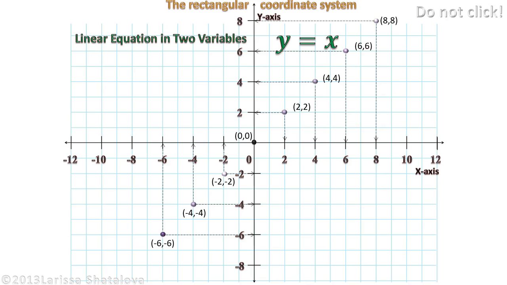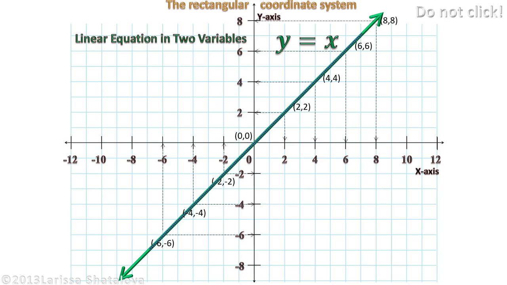If we connect our points we can see a graph which is a straight line. Now let's talk: what does it mean, a straight line? A straight line is the location of infinitely many points, and each point on this line is a solution of the equation y equals x, because for each point on this line, the relation between the x and y coordinates reflects y equals x.